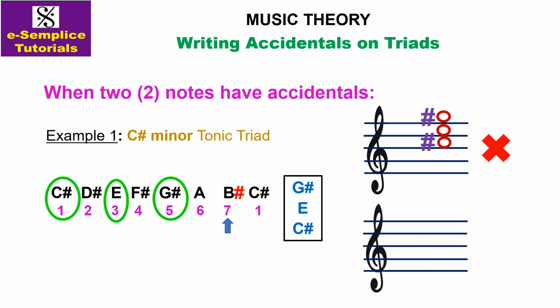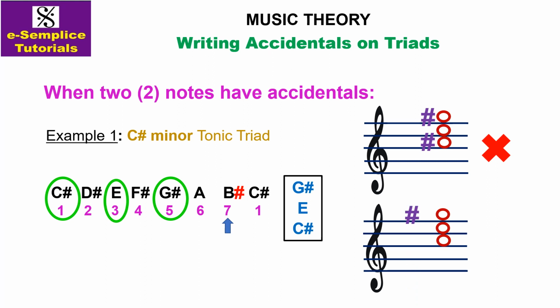Let's look at another way, because these are some mistakes students make in exams. As usual, C sharp, E, and the fifth above it. Now let's look at another way.